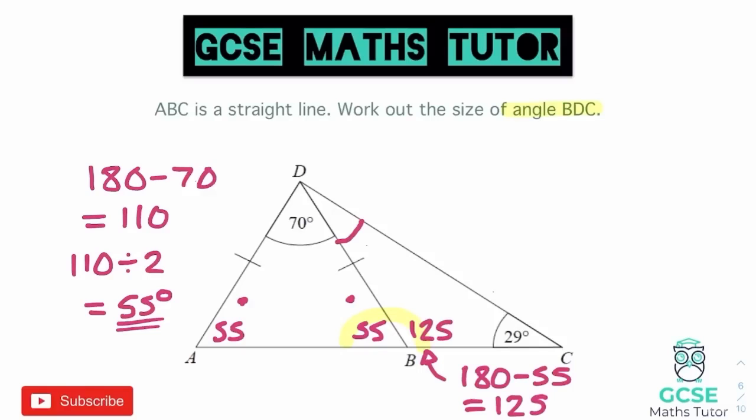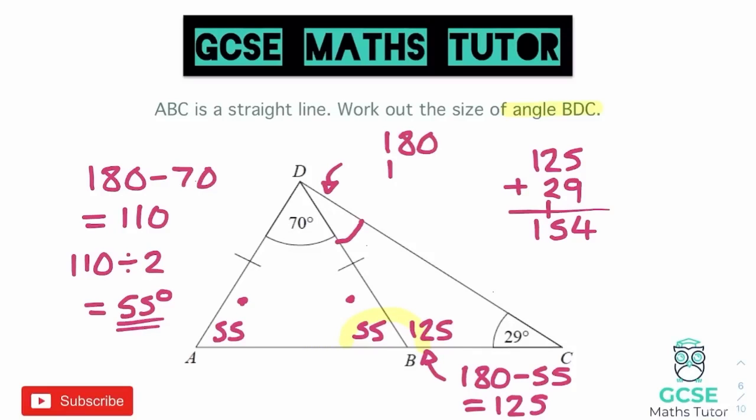And now you can see we have enough information on this right hand triangle to find our missing angle, because we now have two of the other angles. So if we add those two together, we've got 125 and 29, and that adds up to 154 degrees. And we want to take that away from 180. So to finish this off, our final bit of working out, we'll do 180 take away 154.